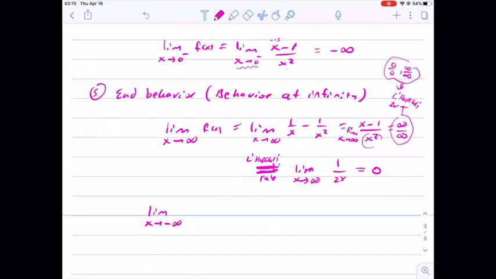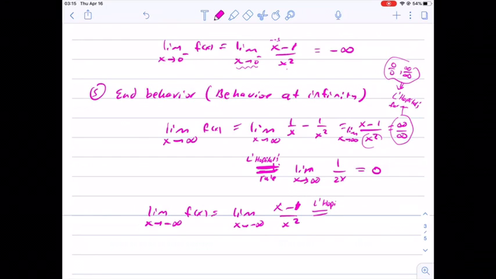And then we find the limit as x goes to negative infinity of the function f of x. This is limit of x minus 1 over x squared. And same thing, when we substitute negative infinity, we get something like negative infinity over infinity, and that's one of the forms of L'Hopital, because infinity over infinity or negative infinity over infinity, both are L'Hopital's forms.